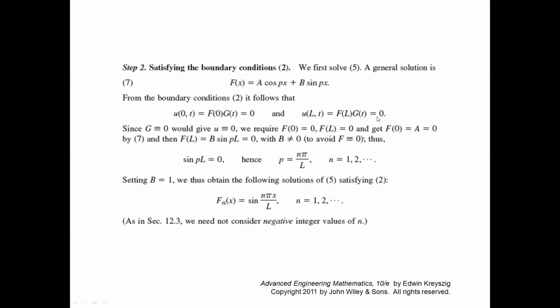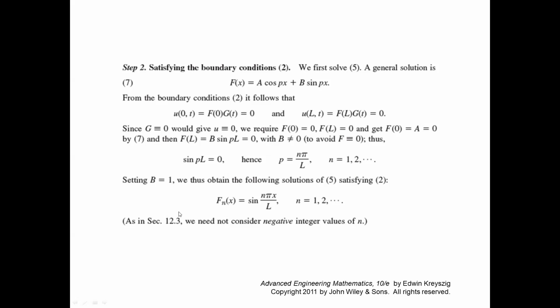Then if we use 2 boundary conditions to find the parameters, we found these eigenfunctions. Sine PL equal to 0, therefore the eigenvalue can be solved, and p is n pi over L, and n can be any positive integers.